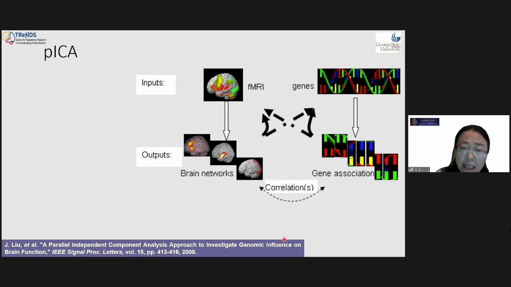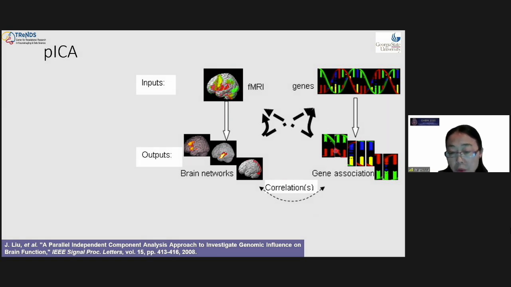Parallel ICA was first introduced a while ago. The concept is simple: we apply ICA to two modalities, one is SNP, one is brain. When ICA tries to extract the hidden independent components in each dataset, information between the two modalities is also exchanged, with the goal of optimizing the correlation between them.